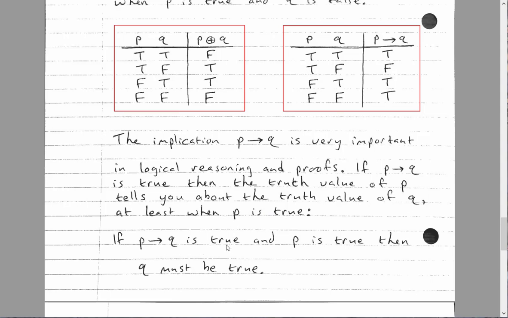So if the implication is true and P is true, then Q must be true. So if you had a series of implications, then you could make a proof. Just starting with something that's true, you can make a proof and prove lots of other things are true.